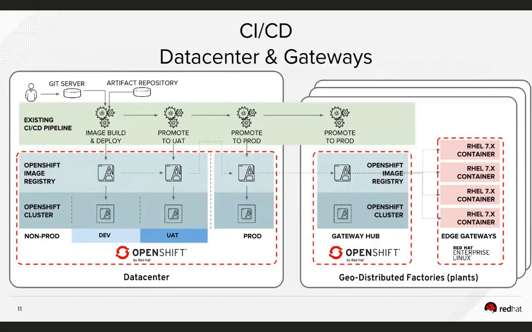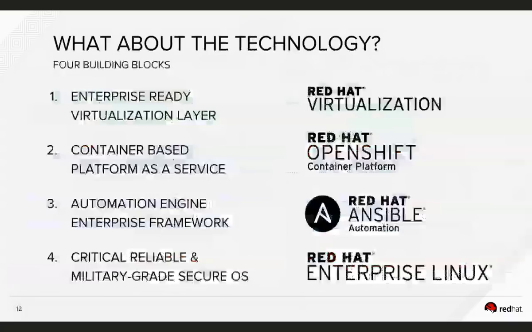Once built, the container could be moved between the environments, for example, from development to test, from test to prod, and also to the factory, arriving at the hub and finally at the edge machines running standalone Red Hat Enterprise Linux. Both OpenShift in the data center and in the factory may also share the same OpenShift container registry, and the edge deployment could be handled through Ansible.